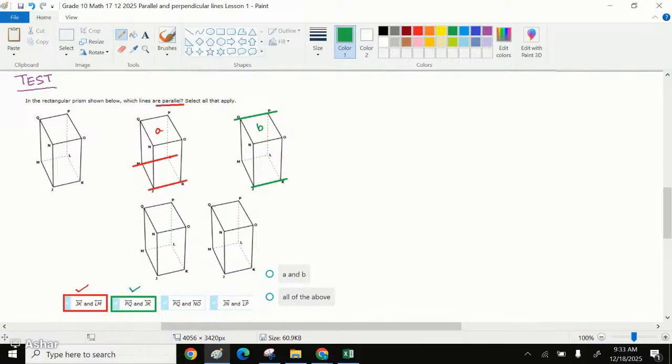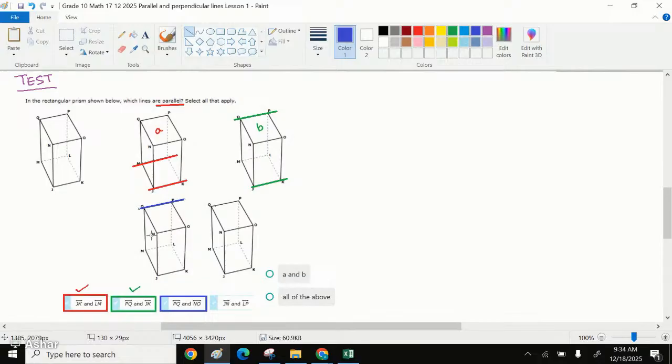Okay. The next one, PQ and NO. So let's find PQ. PQ is this line. Okay.